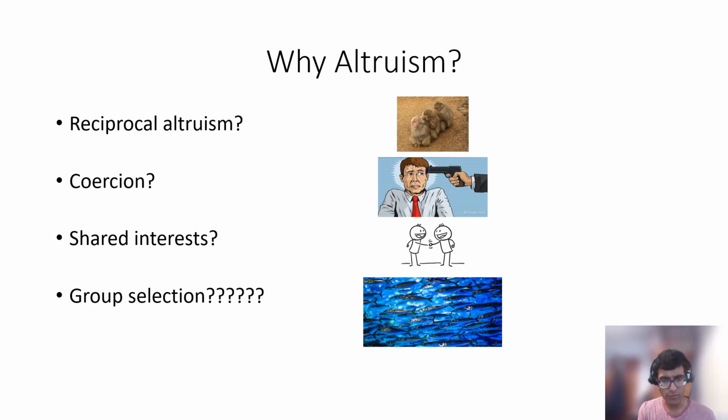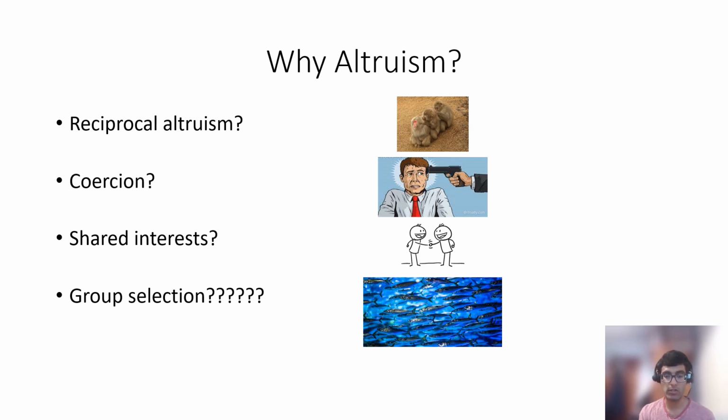The fourth one, which is very controversial and we're going to talk about a little bit, is group selection. This idea that selection at the level of the group can maintain altruistic behaviors. So, for instance, if birds reduce their reproduction in times of hardship when there's not much food around, then maybe the species will survive, whereas the species might not survive had they been selfish and tried to reproduce as much as they possibly could.